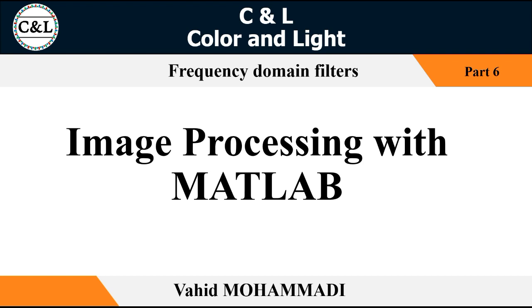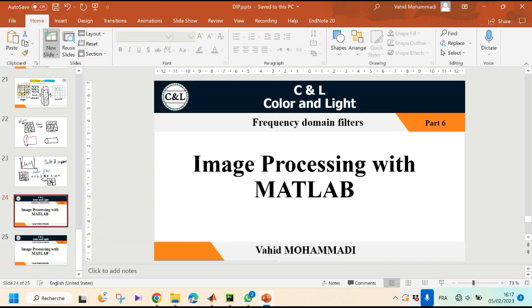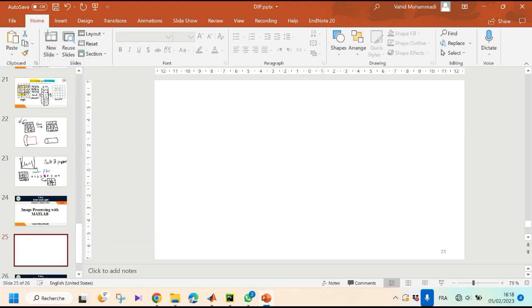All right, so we can just take a look at the process first, and just quickly we will go to MATLAB. So I come here and I bring a white slide.